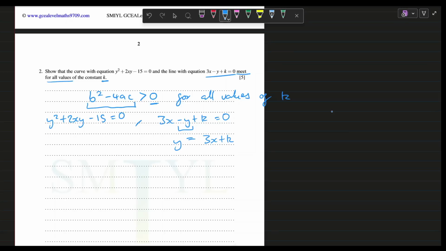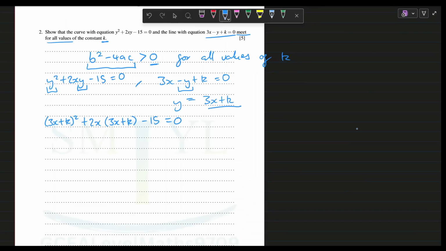Then we're going to replace the y here with our 3x plus k. So that's going to be 3x plus k squared plus 2x times 3x plus k minus 15 is equal to 0. And now we can go ahead and expand.